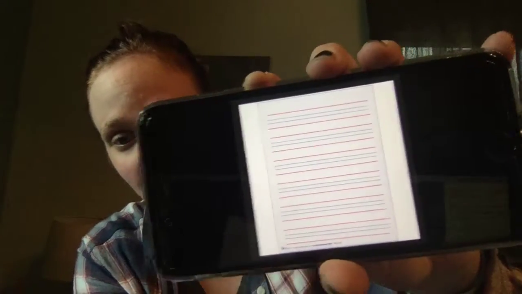The second kind of assistive technology is raised lines on paper. You can either buy paper that when it's printed, the lines are raised a little bit like this. The red lines are raised on the paper, so when a student is writing, they would feel that line being raised so they would know to start or stop there.